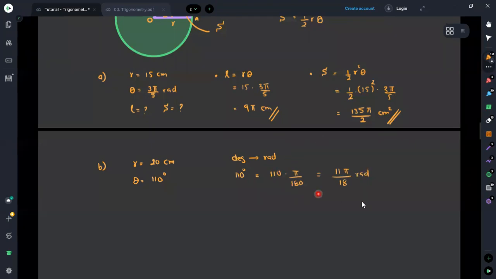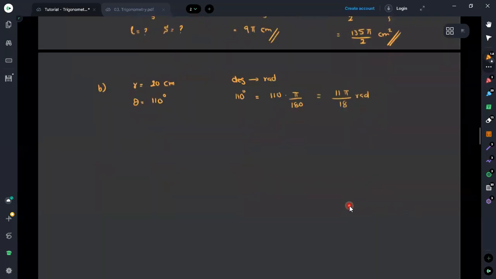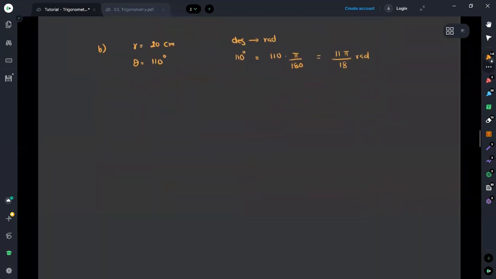Now we can have the substitution. Here also we are asked to find the value of L and the value of S. As the first point, we find the value of L, where L is equal to R times theta.